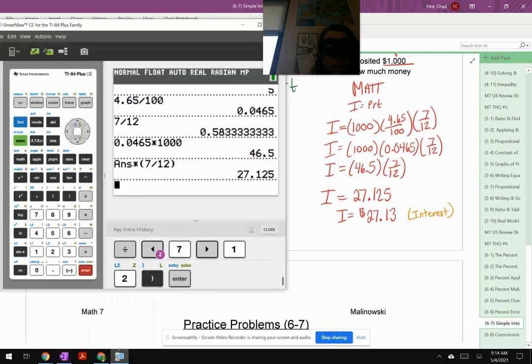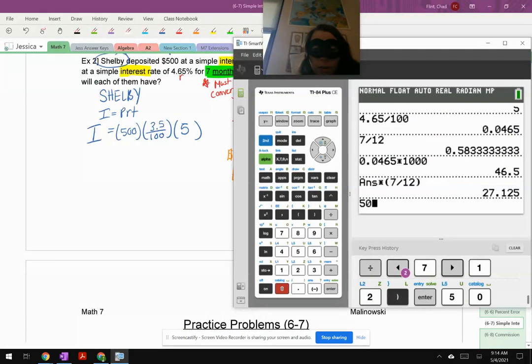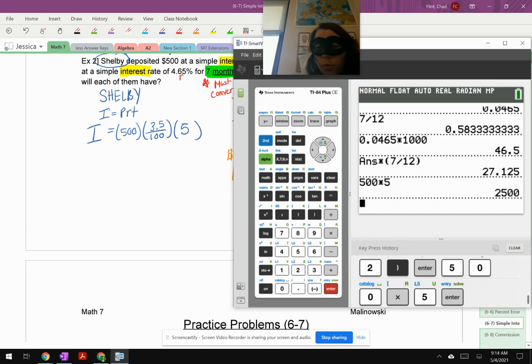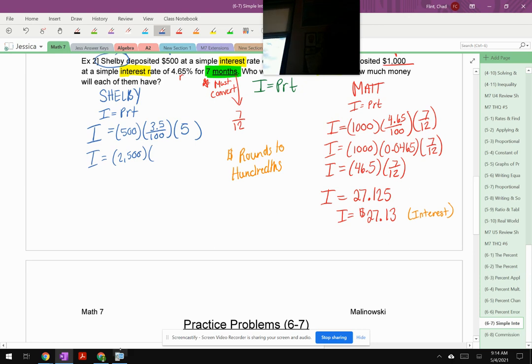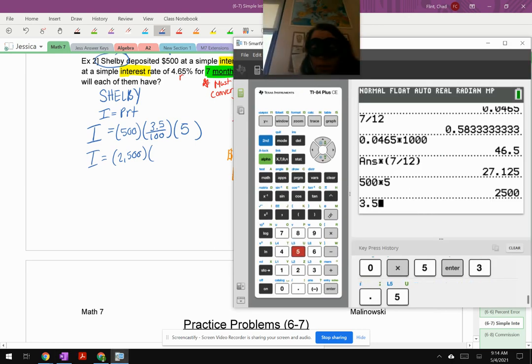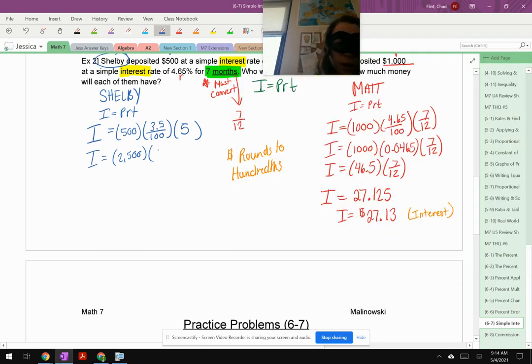All right, let's calculate Shelby now. So Shelby has 500 times 5, which is going to be 2,500. So 2,500 times 3.5 divided by 100 is 0.035.